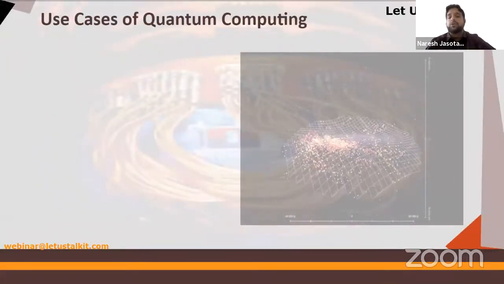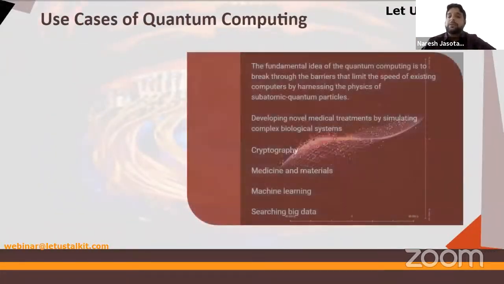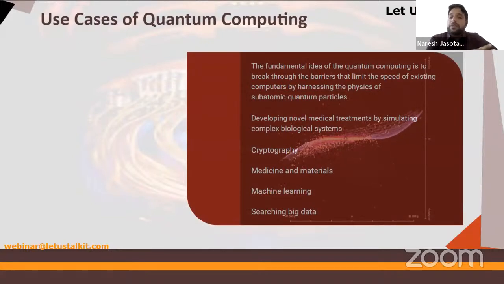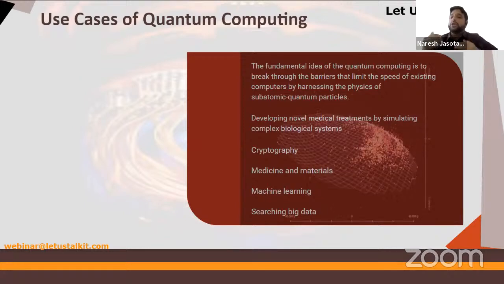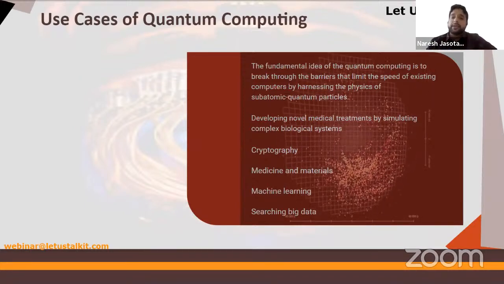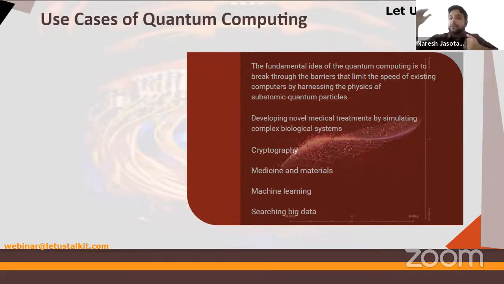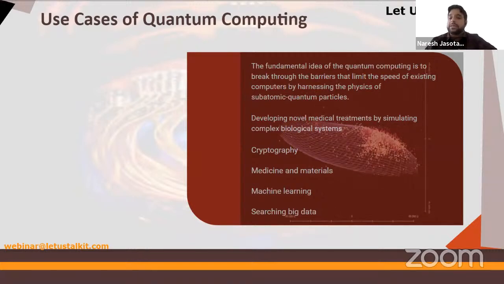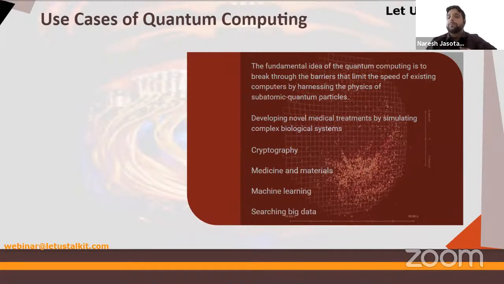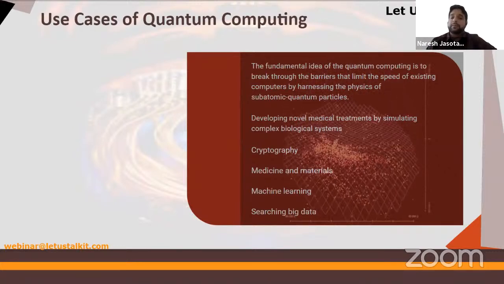So, use cases of quantum computing. The fundamental idea of quantum computing is to break through the barriers you have with classical computers today. A classical computer can easily hit a ceiling if you want to do a factorial. But with a quantum computer, you can go on and on.